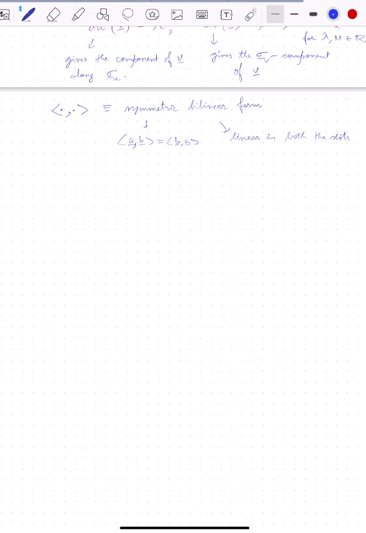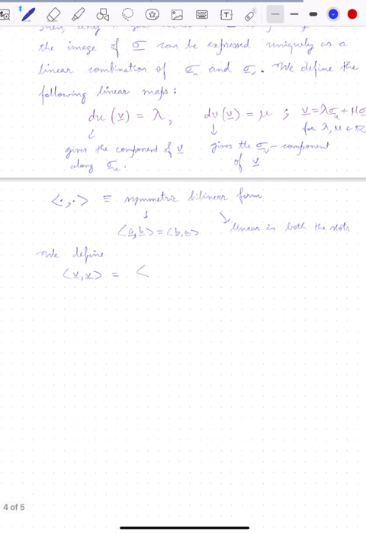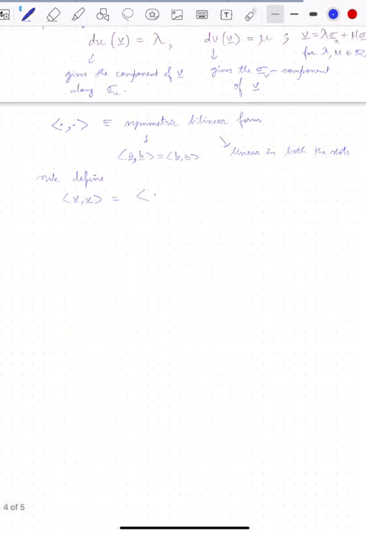So now we define v comma v, and we'll just expand it. I will write it as lambda sigma u plus mu sigma v, comma lambda sigma u plus mu sigma v.